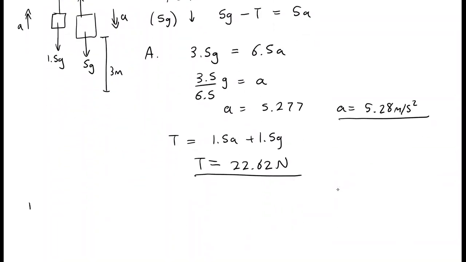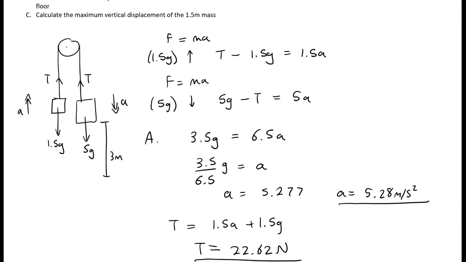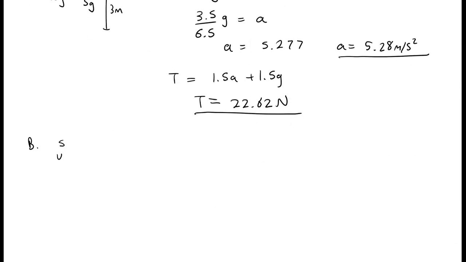This is essential for part B. If maximum speed or different speeds are mentioned and a distance is mentioned, essentially 3 meters here, then the problem must relate to SUVAT, so long as acceleration is constant.